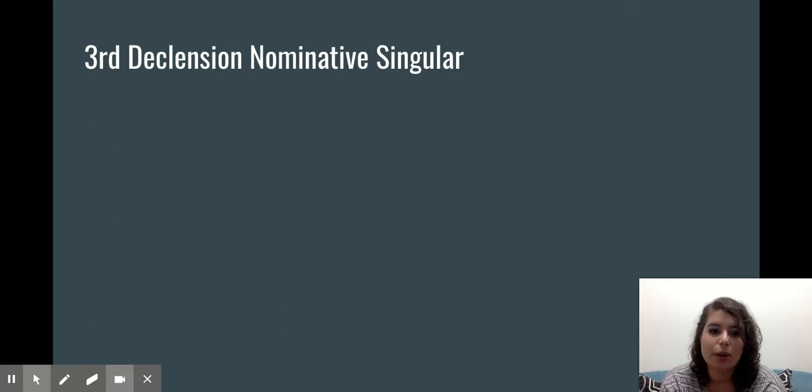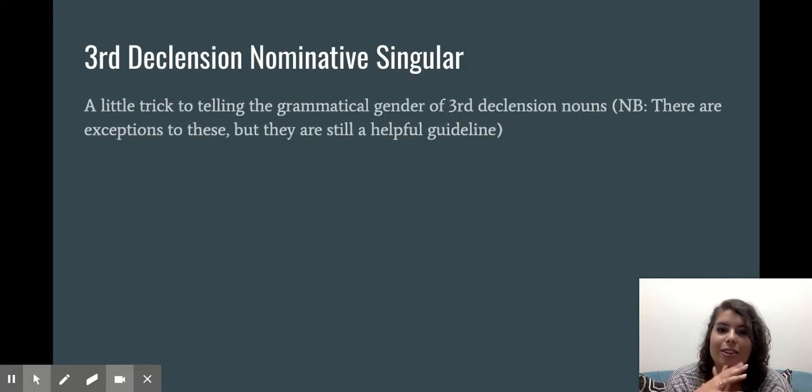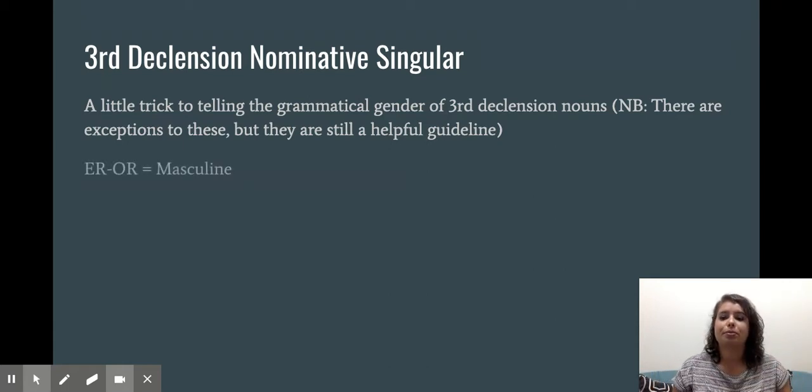For third declension nouns in the singular, there's a little trick to telling the grammatical gender. There are exceptions to this guideline, but it still is helpful for the most part, and usually the exceptions are logical ones. If a third declension noun ends in ER or OR, it is often going to be masculine.